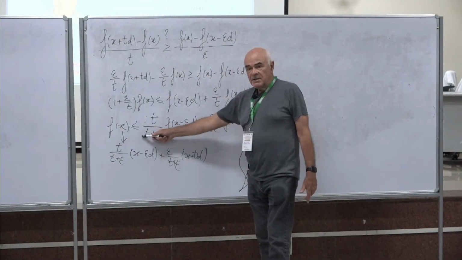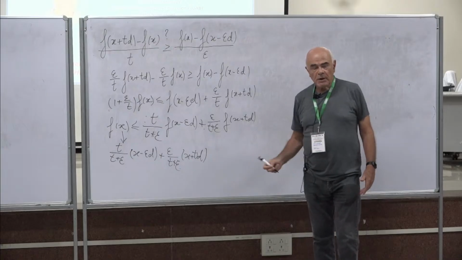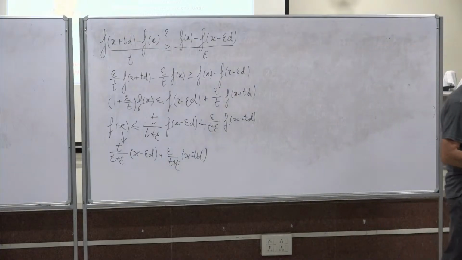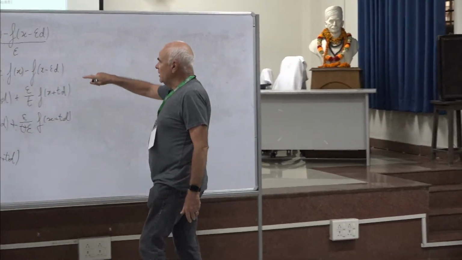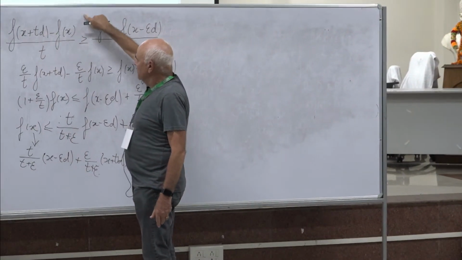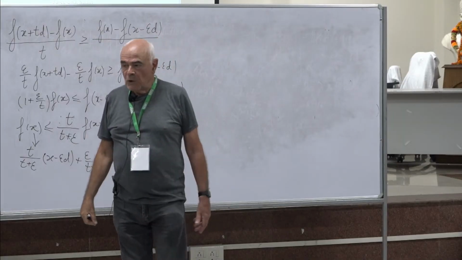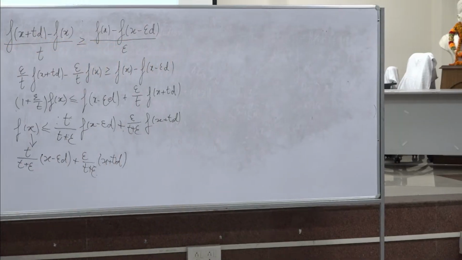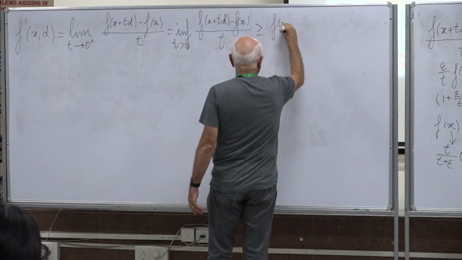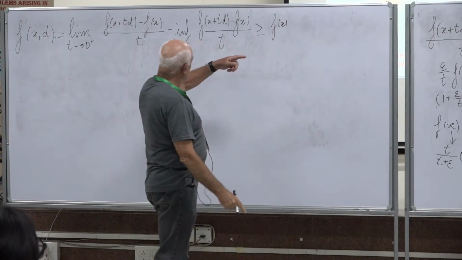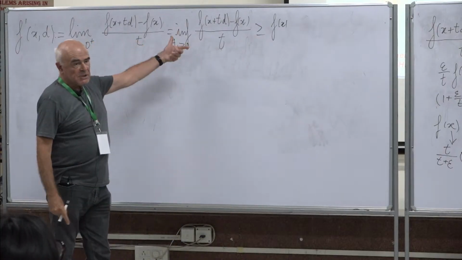By convexity, this is less than or equal to the corresponding convex combination of the values. So this is true. So I can remove now the question mark here and conclude that this is finite. This is actually greater than or equal to this. This is an upper bound, a lower bound, and this is the largest lower bound.